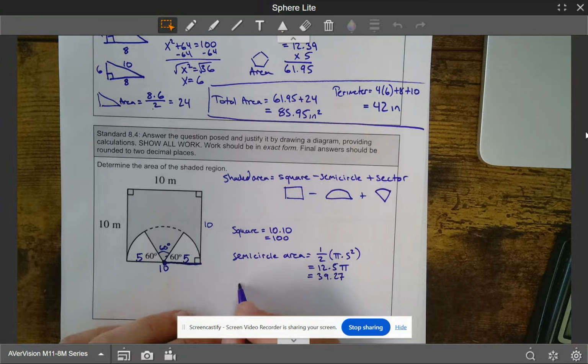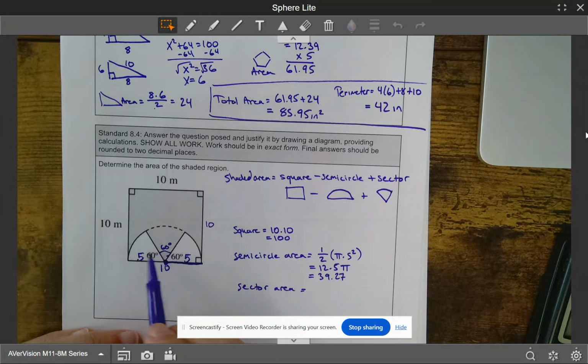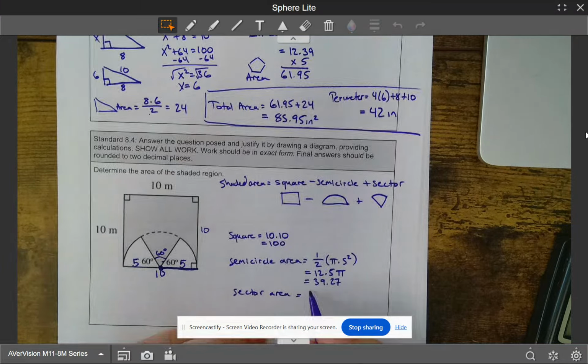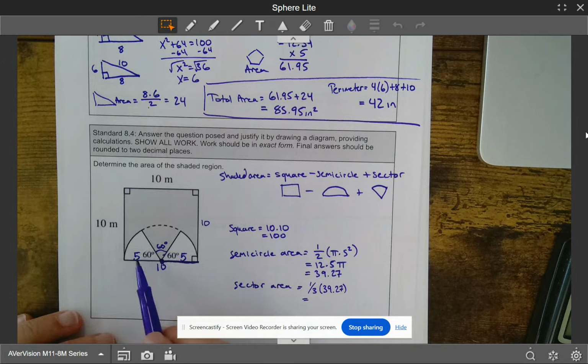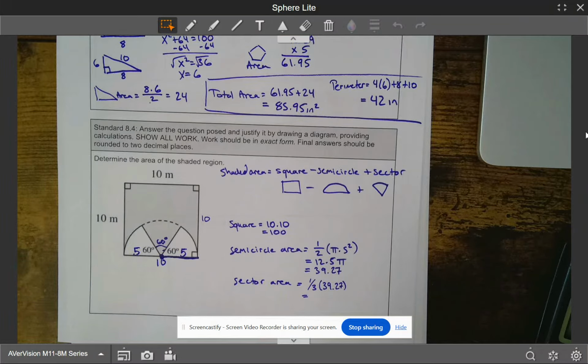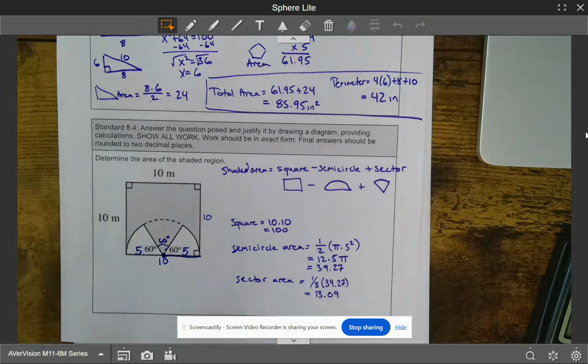Okay? Now what is that sector area? Well, that sector right there is like a third of that semicircle. Okay? So it's 1/3 of that 39.27. All right, see how that right there is like 1/3 of this semicircle? So you divide that by 3. Turns out the sector area is 13.09.